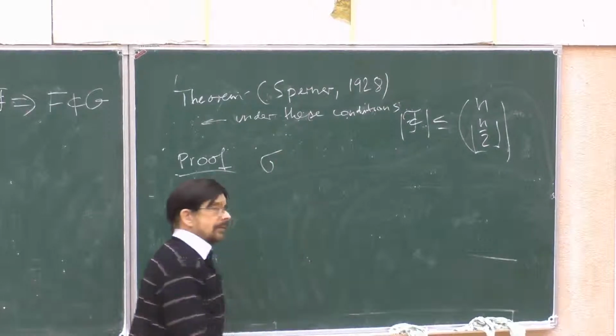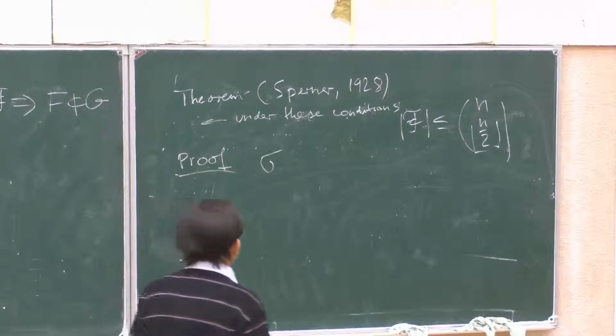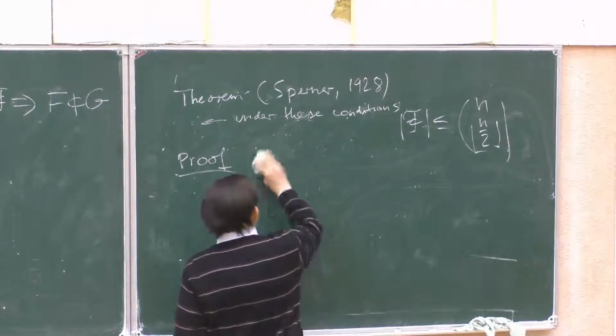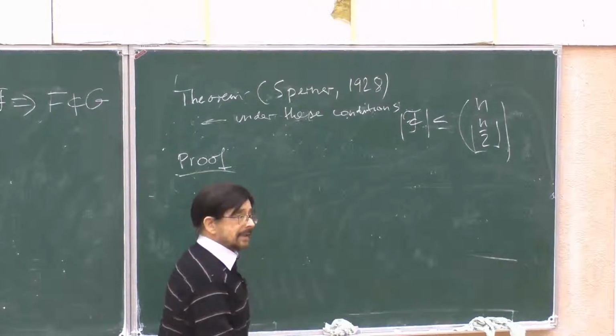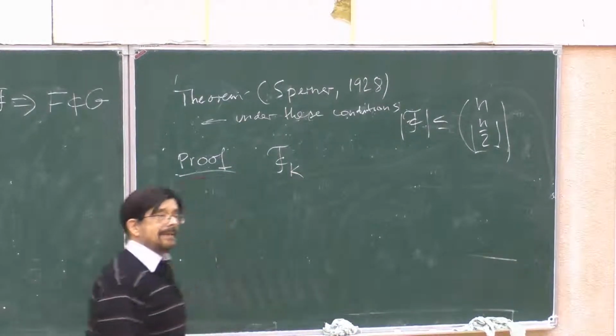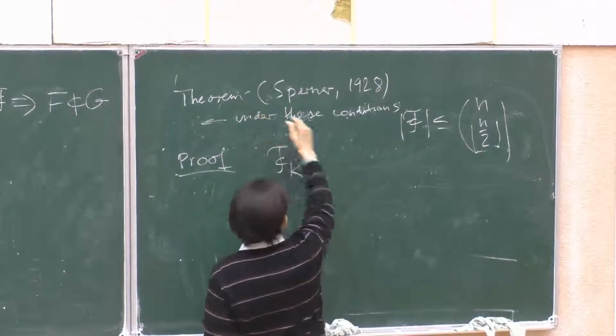First, I introduce a notation. So F_k is the set of k-element members of the family.